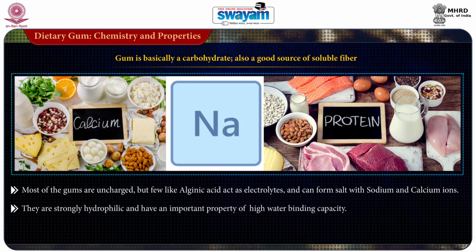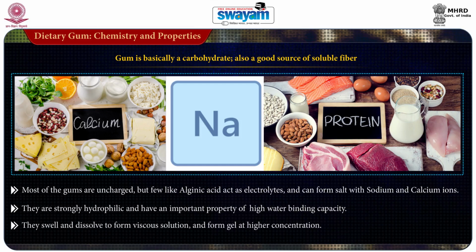They are strongly hydrophilic and have a very important property of very high water binding capacity. They swell and dissolve to form viscous solutions, and at higher concentrations they form a gel.